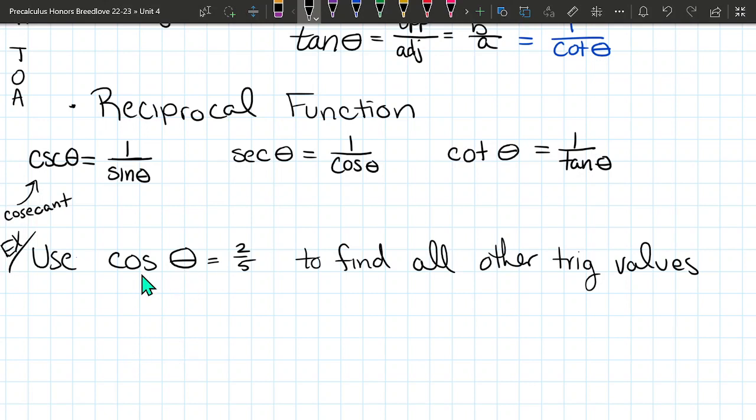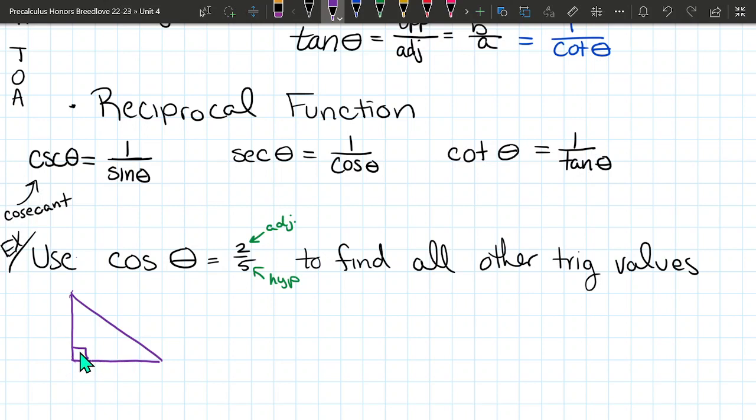All right, so we have that cosine theta equals 2/5, and we know that cosine is adjacent over hypotenuse. So since we have that information, we can sketch our right triangle, and once we fill in all the pieces of the right triangle, we could write any of the trig ratios that we want to. So that's going to be the plan.